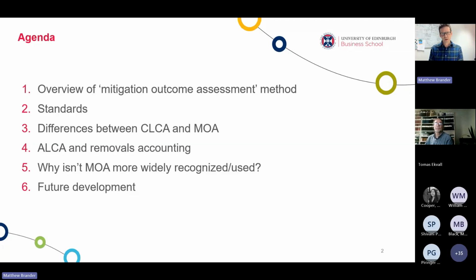And then I wanted to talk a little bit about the way in which there are some instances where attributional LCA is being used, arguably in some contexts where MOA would normally be expected to be used. And then I was going to pose this question: why is an MOA more widely recognized and used? And then finish off with some thoughts on future development.